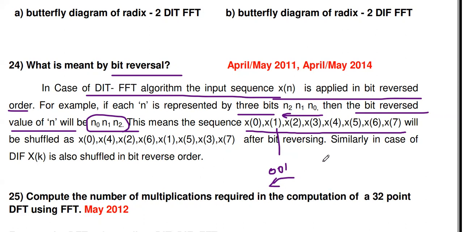If you read in reverse, we get 1, 0, 0. And 1, 0, 0 is nothing but 4 in binary. So the bit reversed order of x of 0, x of 1, up to x of 7 is x of 0, x of 4, x of 2, x of 6, then x of 1, 5, 3, and 7, after bit reversing.